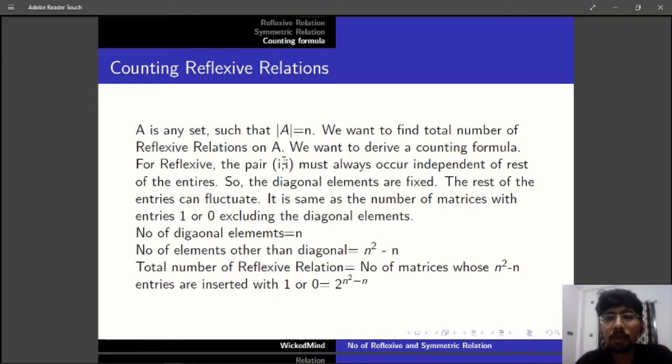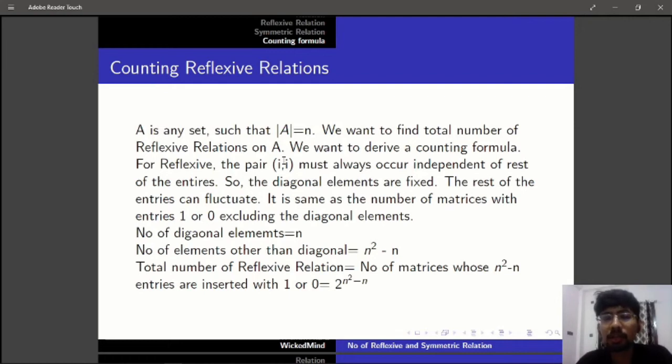If all (a, a) pairs occur, it means all the diagonal entries of the matrix should have one, because the diagonal elements of a matrix are of the form (1, 1), (2, 2), and so on till (n, n). So they should be fixed at one. The remaining can be altered.